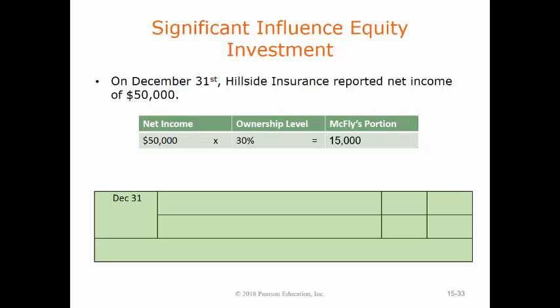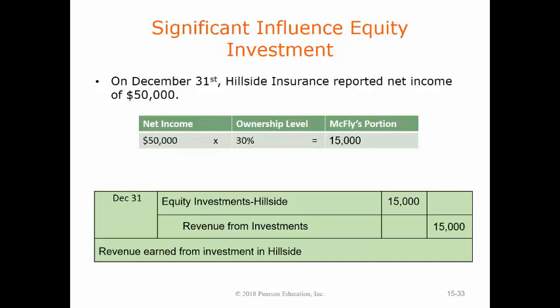We need to increase our investment in that company on our books, so we are going to debit equity investments in Hillside for that $15,000, and we are going to record investment revenue at the same time by crediting it for the same $15,000 when we record the revenue earned from our investment in Hillside during the period.